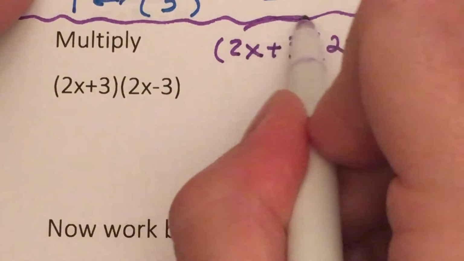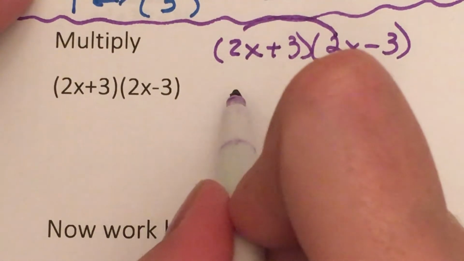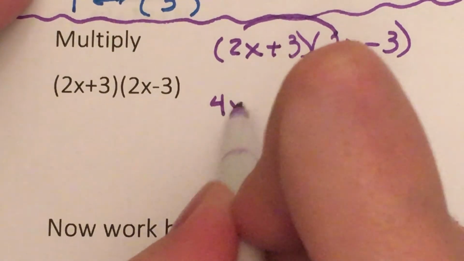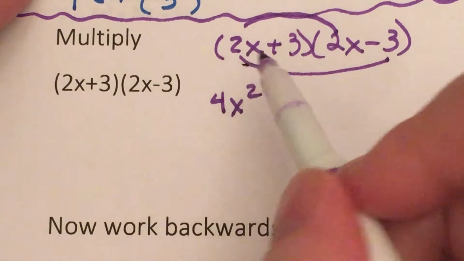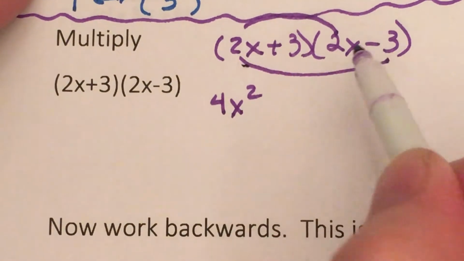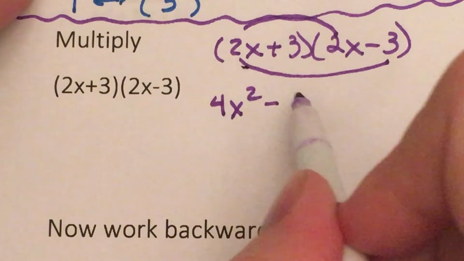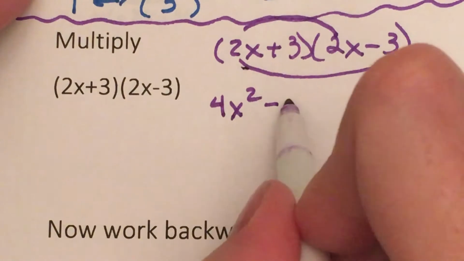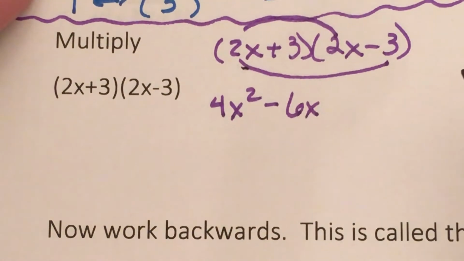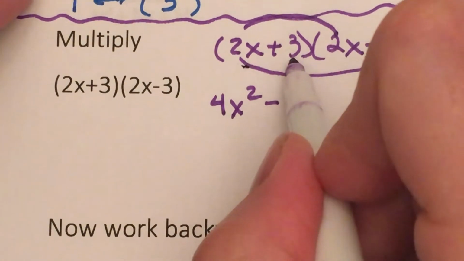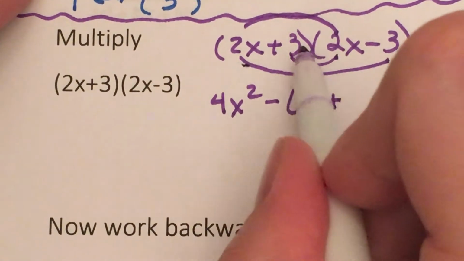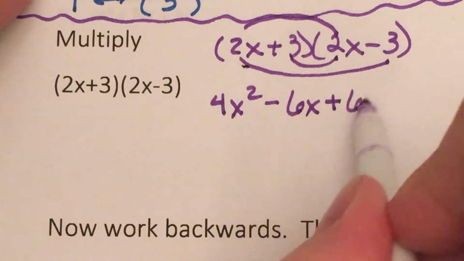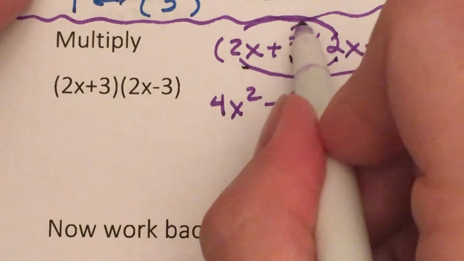FOIL. Here's my first, 2x times 2x, 4x squared. Outer, a positive times a negative, it's a negative. 2x times 3, 6x. Inner, a positive times a positive, it's a positive. 3 times 2x is 6x.